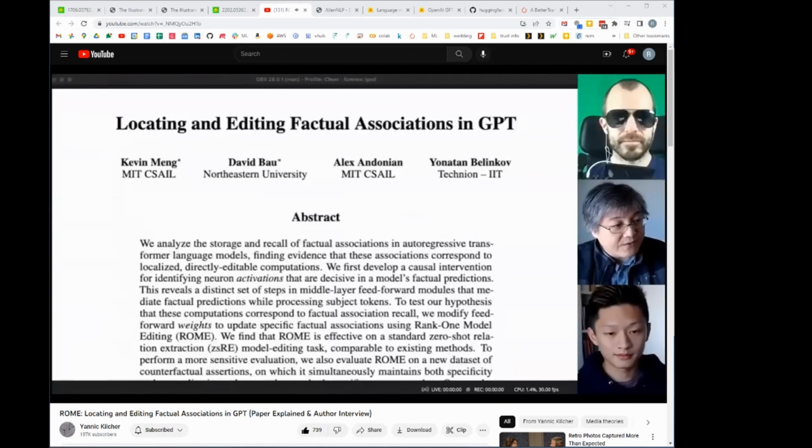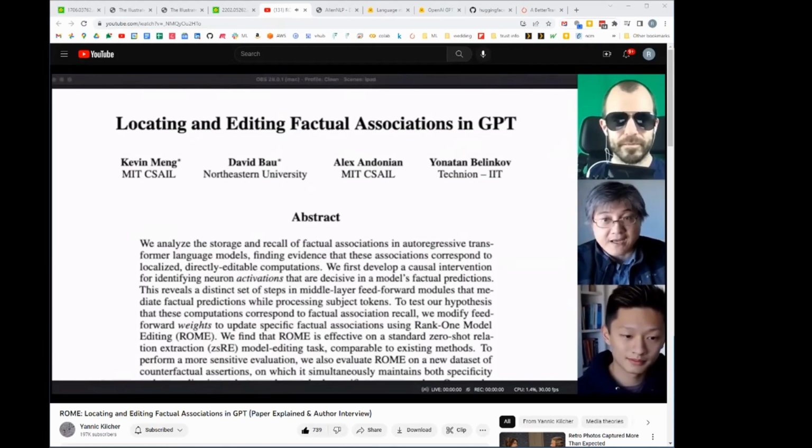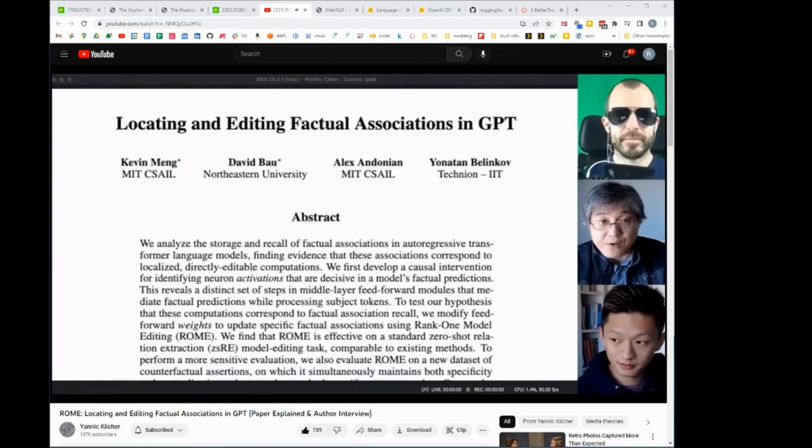There was a really nice paper by El-Haji from Anthropic, and a series of papers from Jiva, from Israel, who have been looking at the structure of computations inside the network. Our paper is another contribution in this direction.